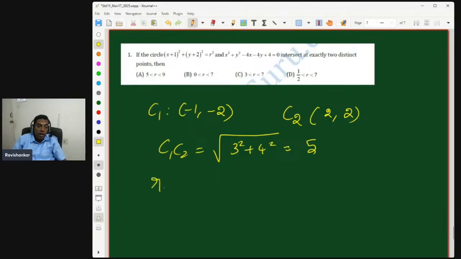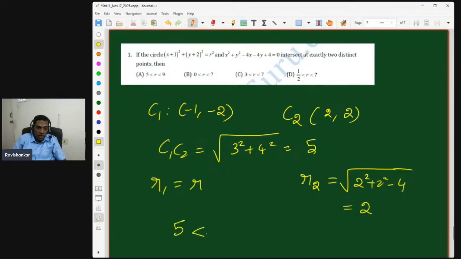Okay. R1 is R. R2 is root of 2 squared plus 2 squared minus 4, which is 2. So therefore, 5 less than R1 plus R2, R plus 2, which means R is greater than 3.